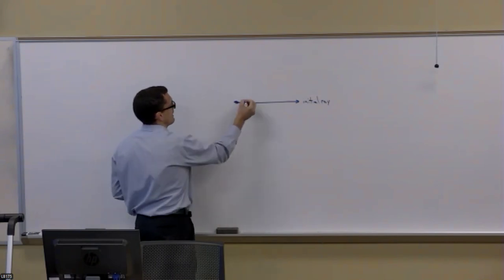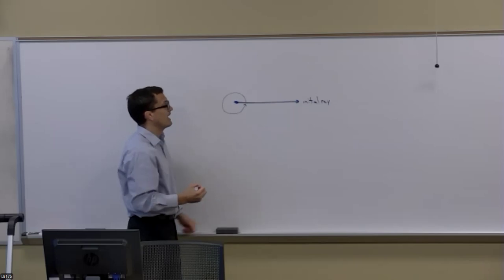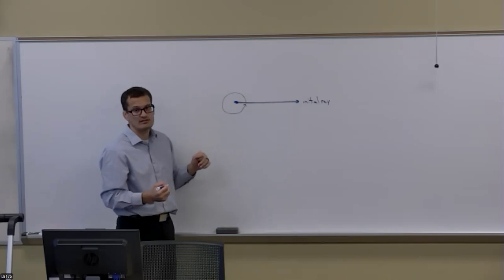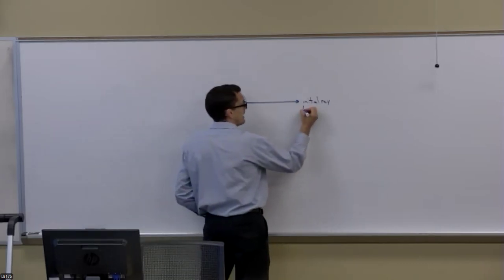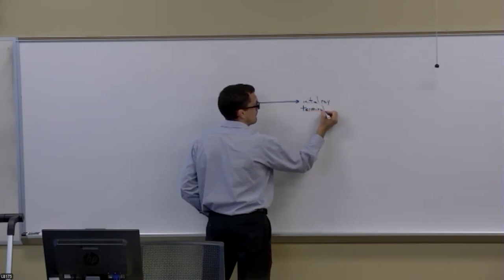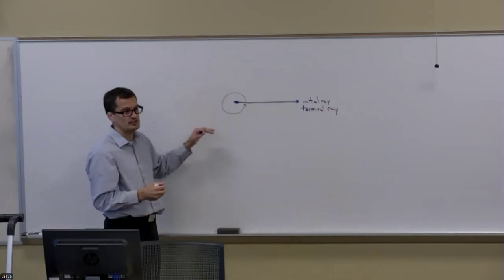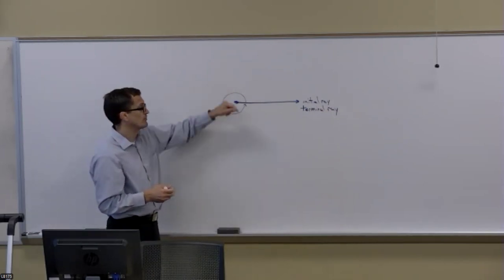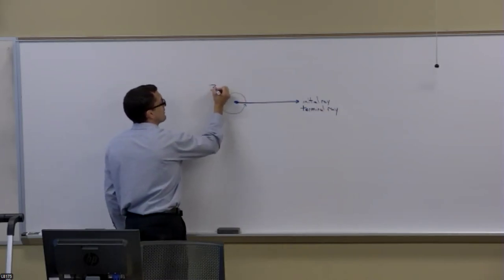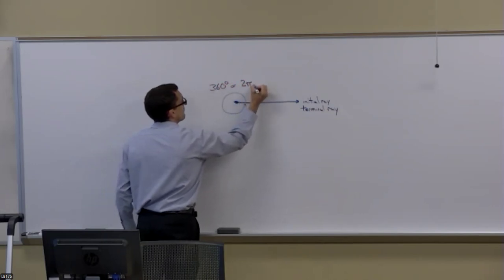Usually we draw that there. If we do a full circle and it comes back to the start, where my terminal ray is the same as my initial ray, that rotation, that's why I call it full circle, goes all the way around the circle, then that is 360 degrees or 2 pi radians.